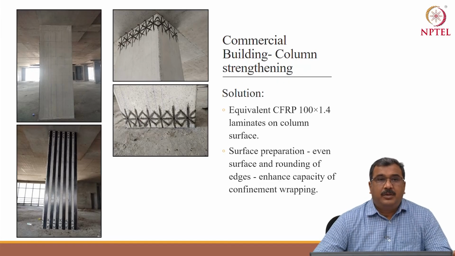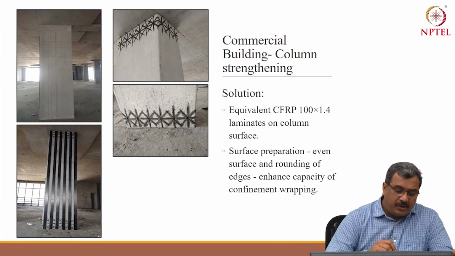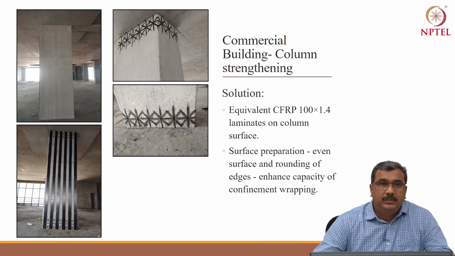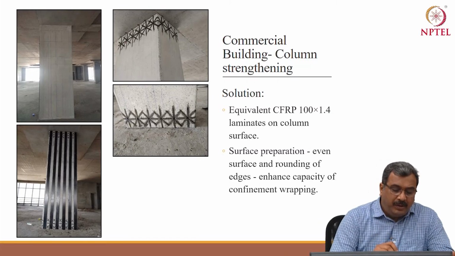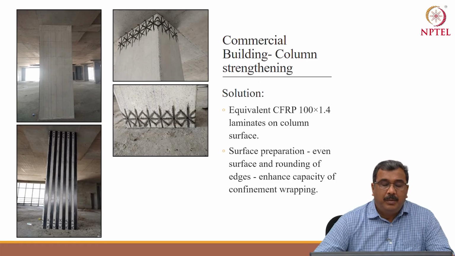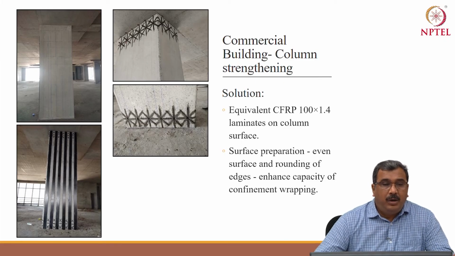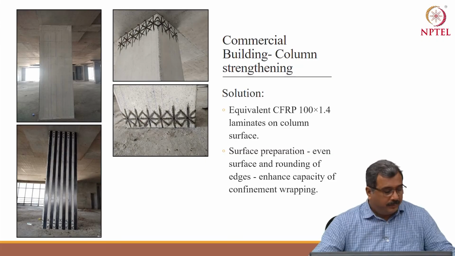Once the anchors are installed and cured, plates are installed on the prepared surface, and the adhesive between the plate and the anchor will avoid delamination and debonding. So, you have the surface prepared, anchors installed and laminate installed.